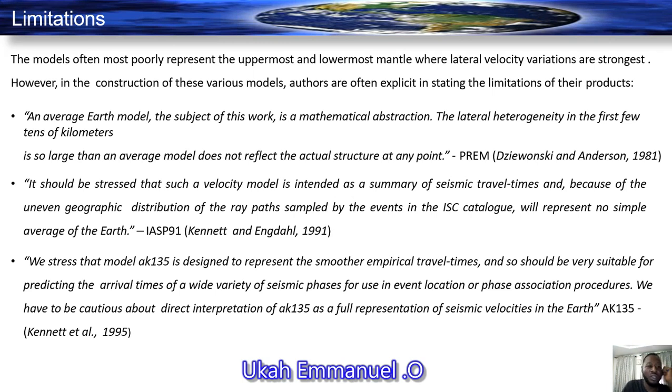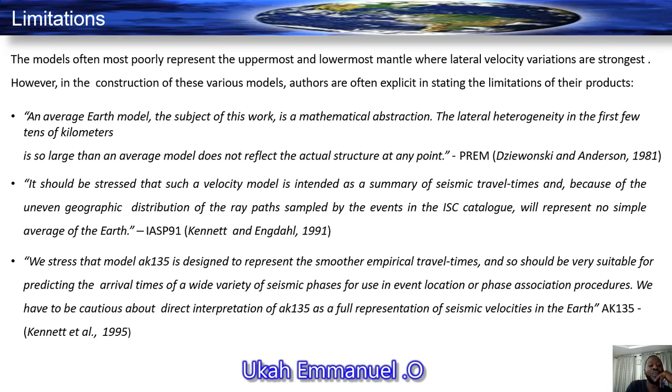So we stress that model AK135 is designed to represent the smoothed empirical travel times, and so should be very suitable for predicting the arrival times of a wide variety of seismic phases for use in event location or phase association procedures.